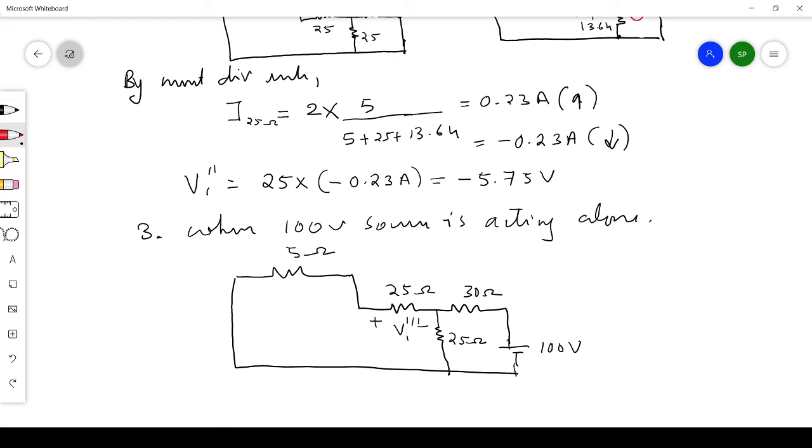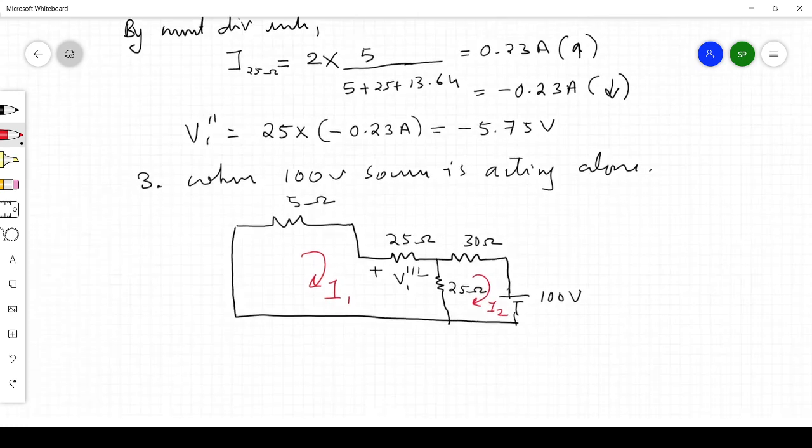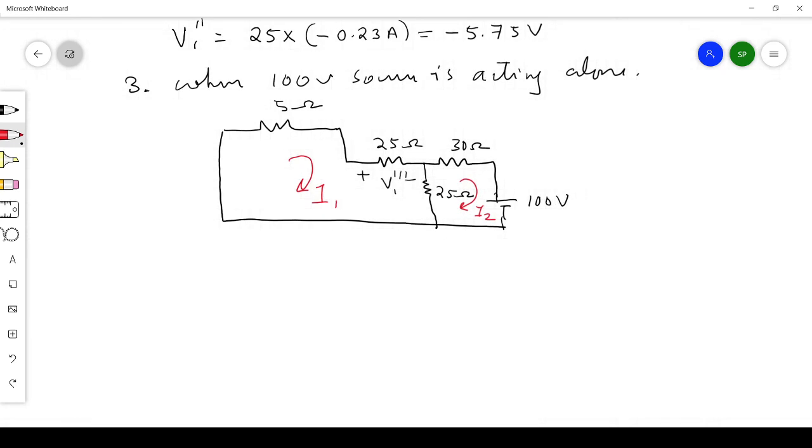This is the third source. Now I'm assuming the currents because it is like a mesh, so we can find the mesh currents. It will be easy if you use mesh analysis. Depending upon the circuit you can use mesh analysis, but be careful when doing the superposition theorem, don't do source conversion. Now we do KVL to mesh 1.